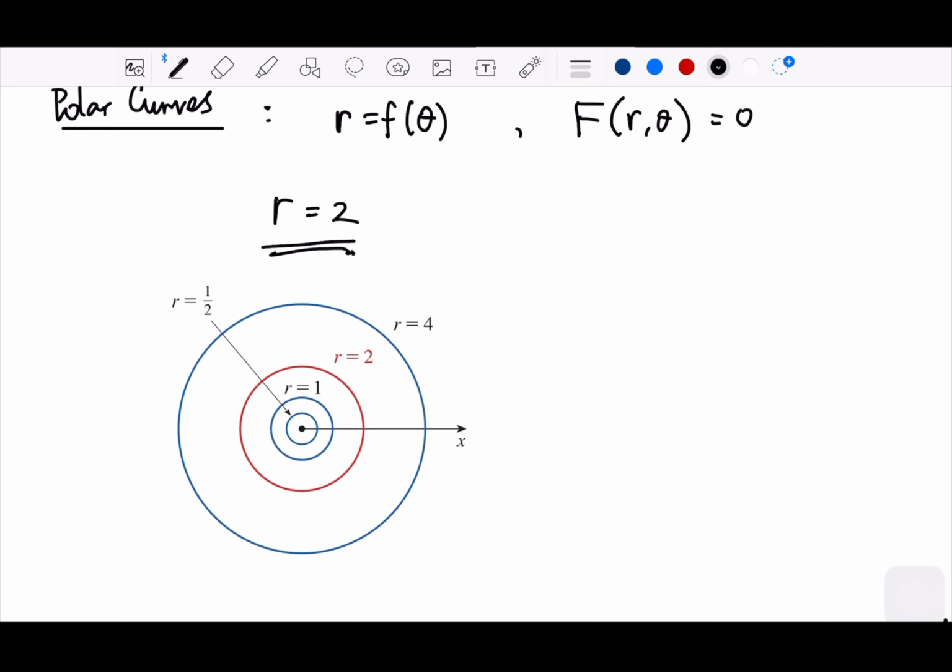What happens if the constant is the angle? You have a line, okay?